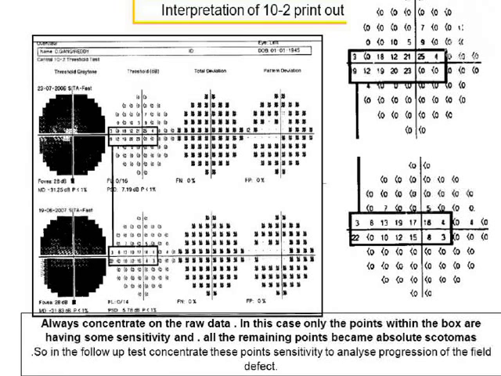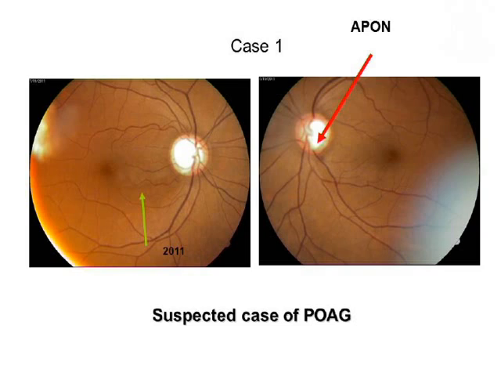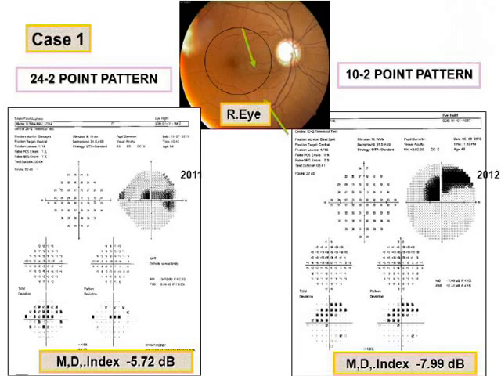I will show you another case, a very interesting case. The patient was followed for 4 years. Even at the first visit, he was suspected of glaucoma on this part and nerve fiber layer defect. This is the field that was taken. This is the right eye and this is the left eye.